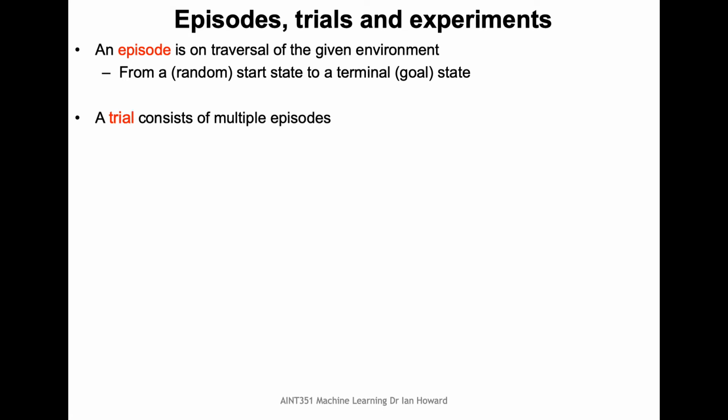Right? Generally that starts from a random state, and the goal state is generally fixed. A trial then consists of multiple episodes, and you need multiple episodes in a trial to actually learn the Q values effectively.